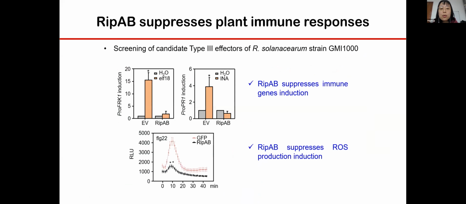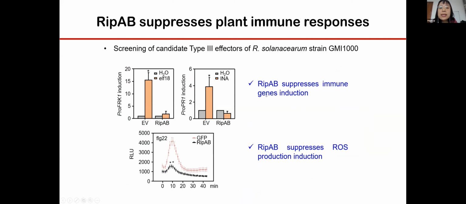So in our research, to identify the T3SS effectors of Ralstonia interfering with plant immune gene expression, we screened a batch of plant nuclear-localized T3SS effectors of Ralstonia GMI1000.